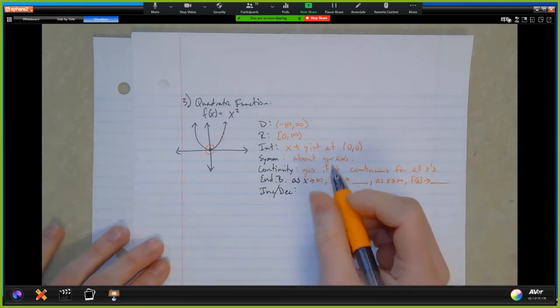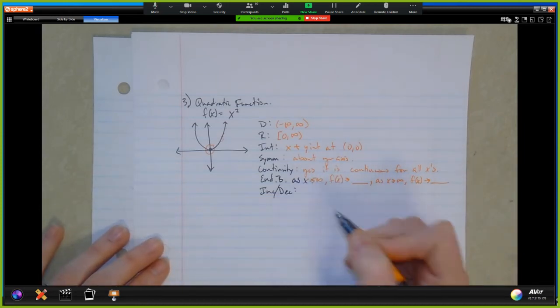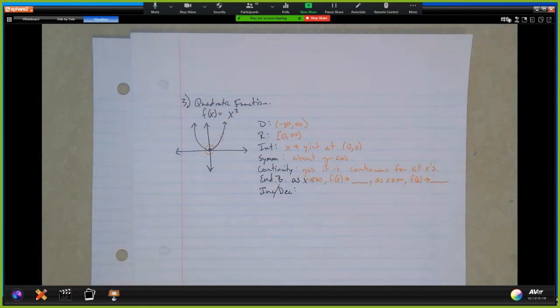So as x goes to negative infinity, where would you describe the y values going towards? That is our end behavior.